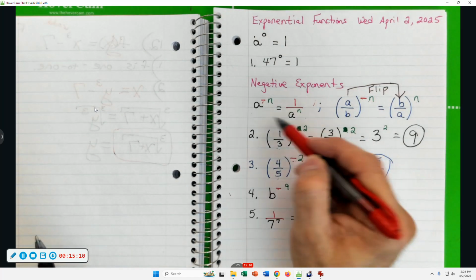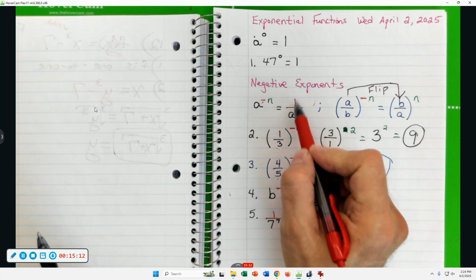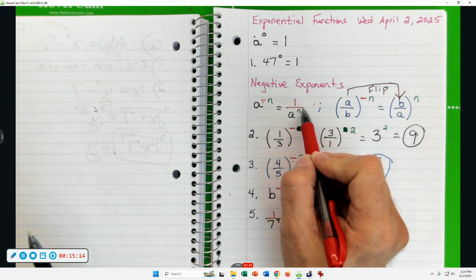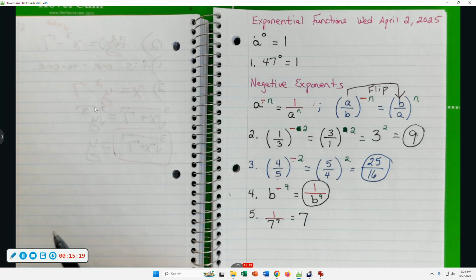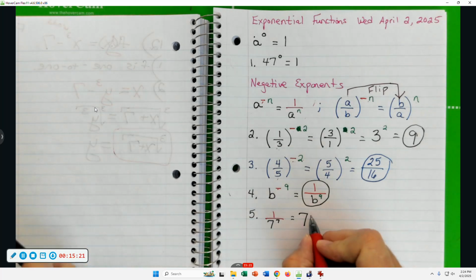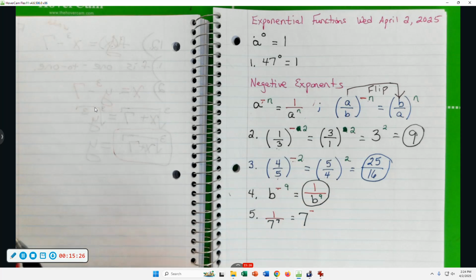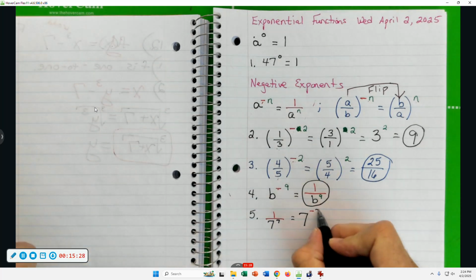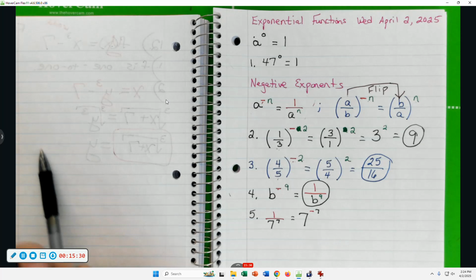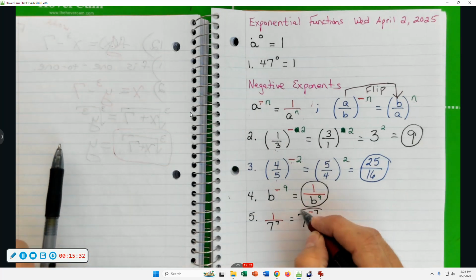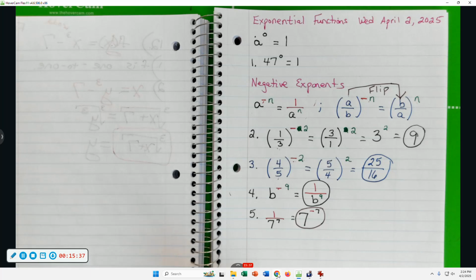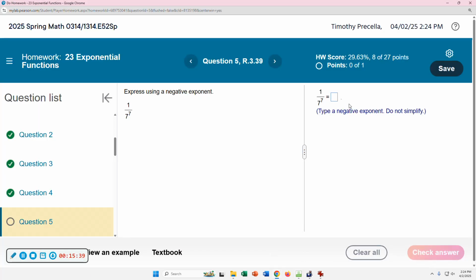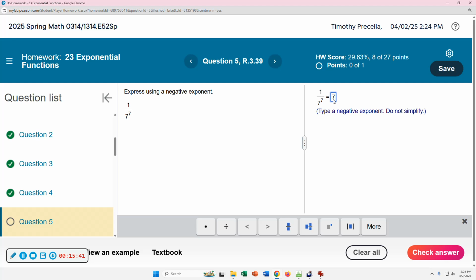Looking at it from right to left, the red 1 over is the same thing as the red negative exponent. Having said that, does anyone have any idea of what I'm trying to say the answer is here? 7 to the negative 7. It's unfortunate that there's 2 7s here. It might make it a little bit trickier than it really is. 1 over 7 to the 7 could be written as 7 to the negative 7.